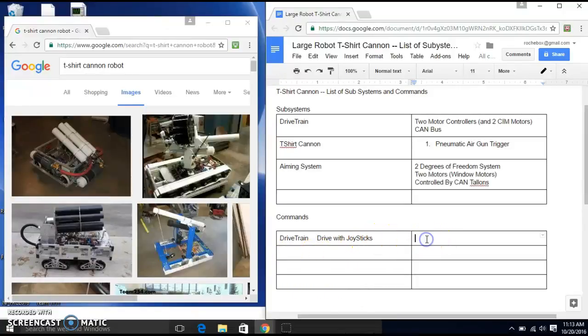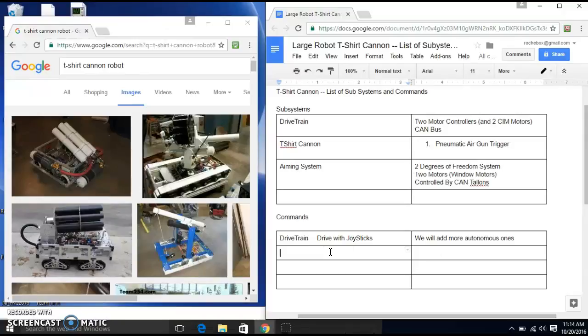Then there could be more autonomous ones, like go forward for a little bit of time, things like that. We could set those up so it could actually do some work by itself.